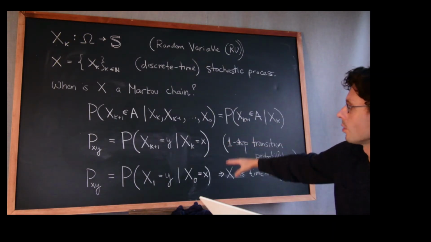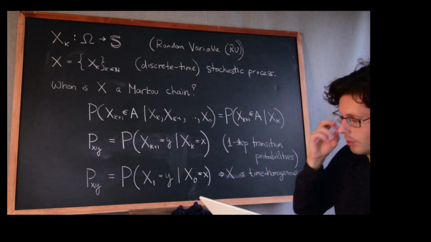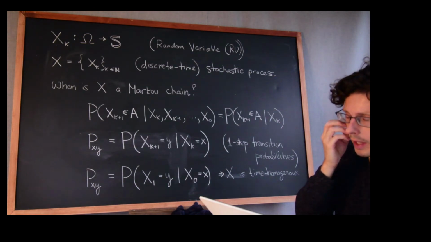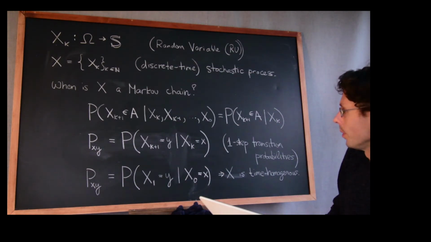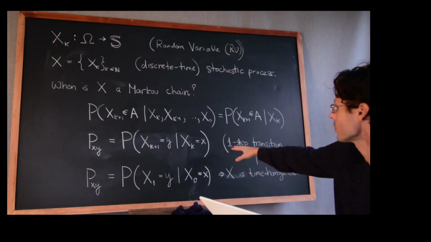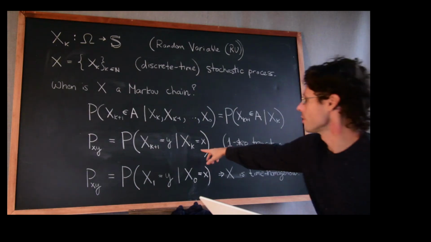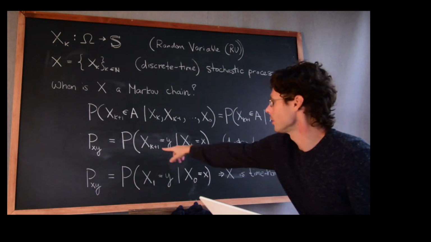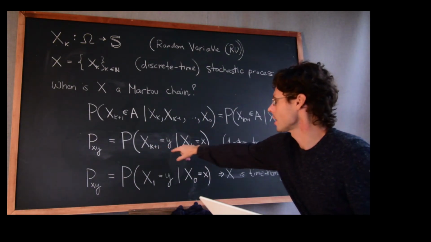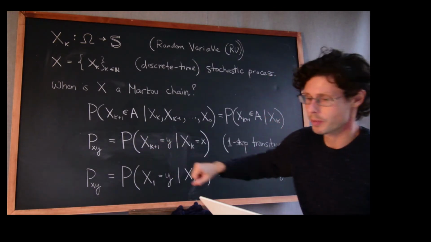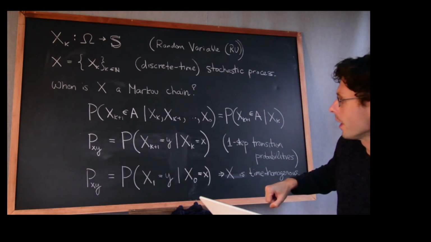And then there's some notation that I think will be elaborated on in the Markov chain supplement that I'm posting. These are one-step transition probabilities. The one step refers to the fact that you're moving from time k to k plus 1, starting from x and moving to y, and that's why those subscripts x and y are the way they are.